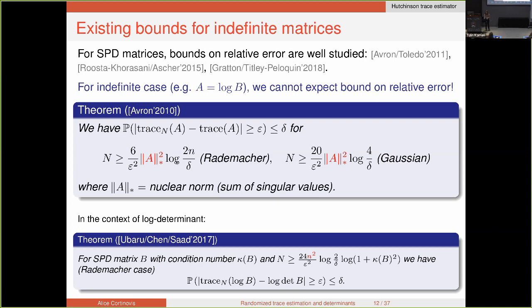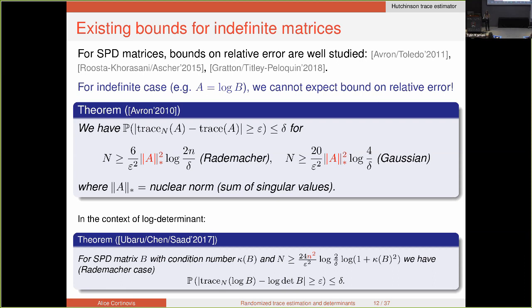Then they contain a logarithmic dependence on 1 over delta, which is okay. This one also contains a factor log n, but we shouldn't worry too much about that. And then they both contain the square of the nuclear norm of the matrix A. What I'll show you in the following is that you can replace this nuclear norm square with the Frobenius norm square, which can be smaller by a factor n.